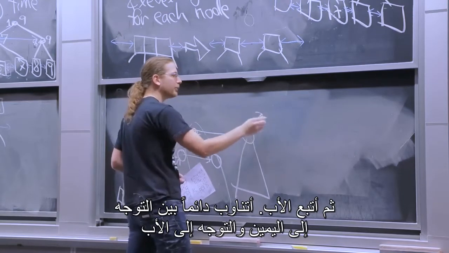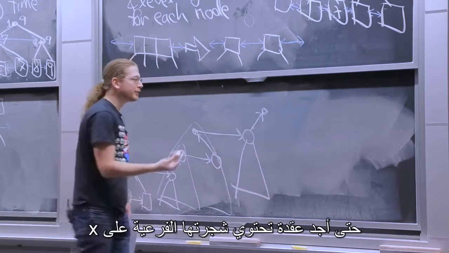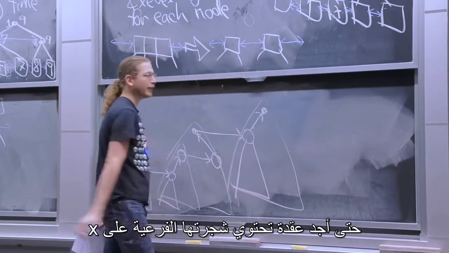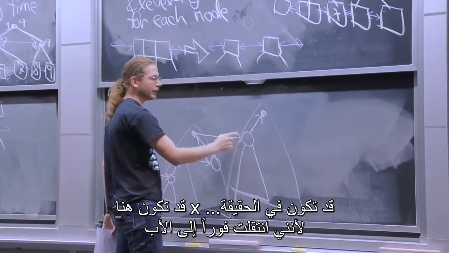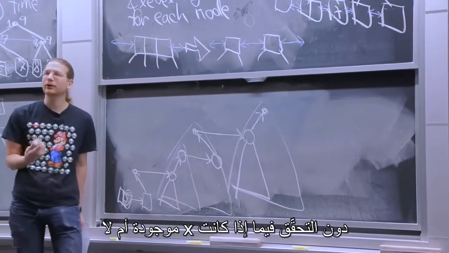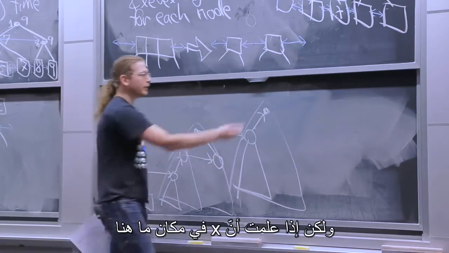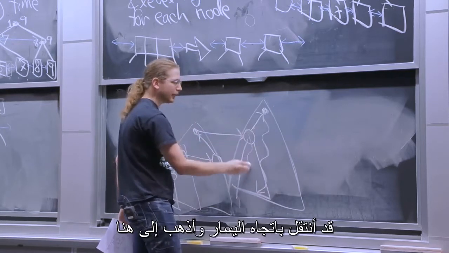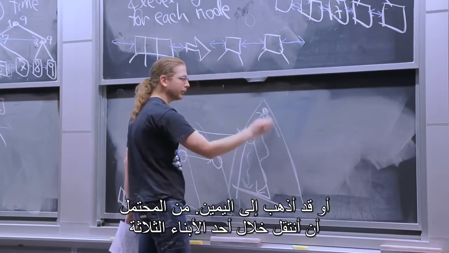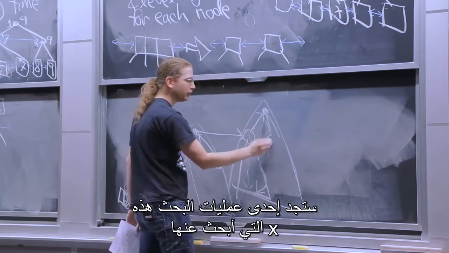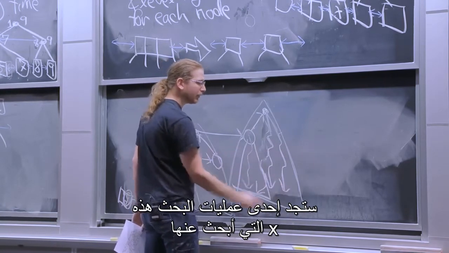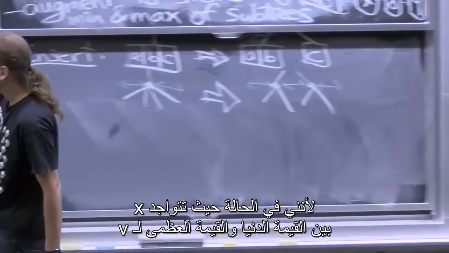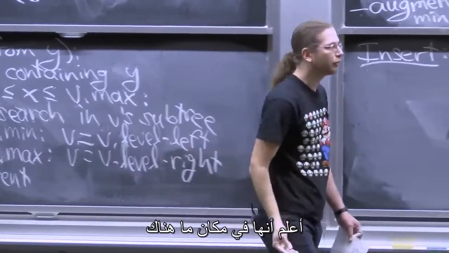Then I follow the parent, always alternating between right and parent, until I find a node whose subtree contains x. It might actually be that x is down here, because I immediately went to the parent without checking whether I found where x is. But if I know that x is somewhere in here, then I will do a downward search. It might go left and then down here, or it might go right, or there's potentially 3 children. One of these searches will find the key x that I'm looking for, because I'm in the case where x is between v.min and v.max, so I know it's in there somewhere.